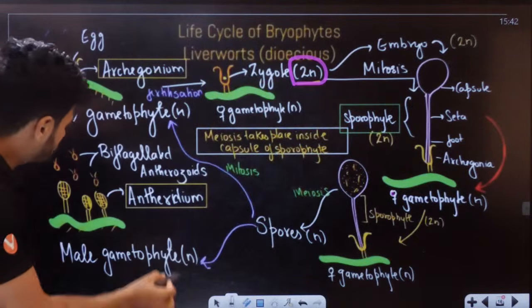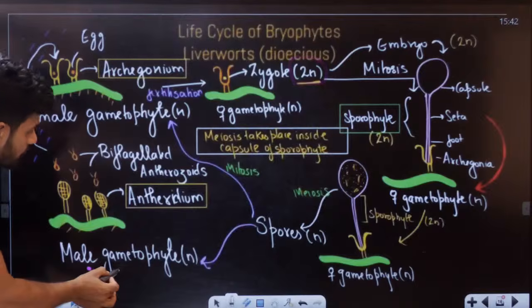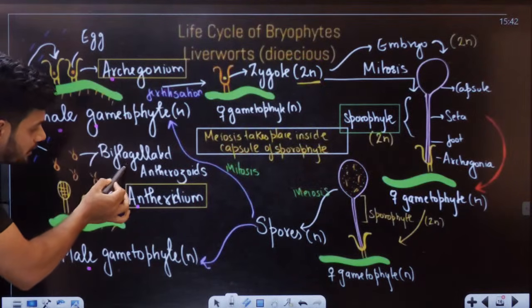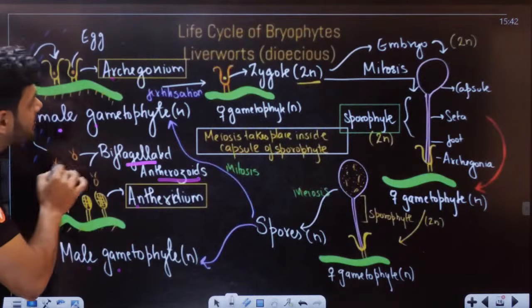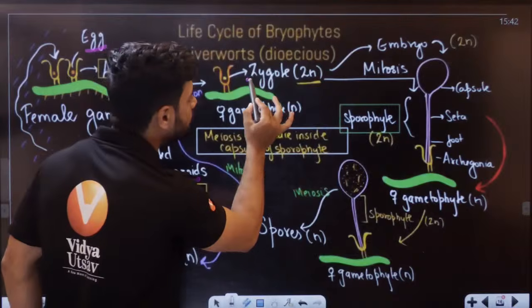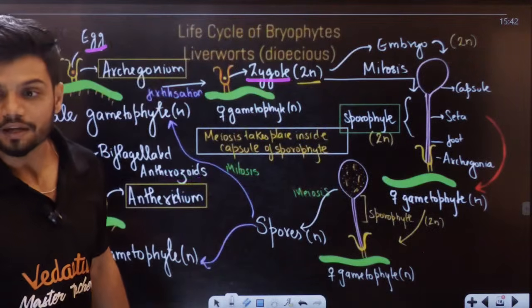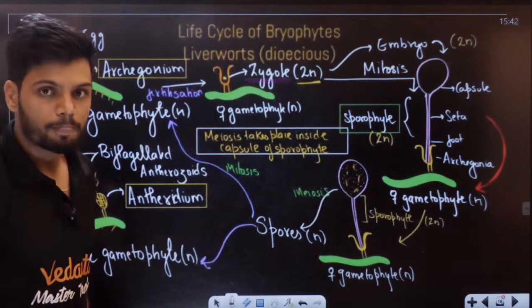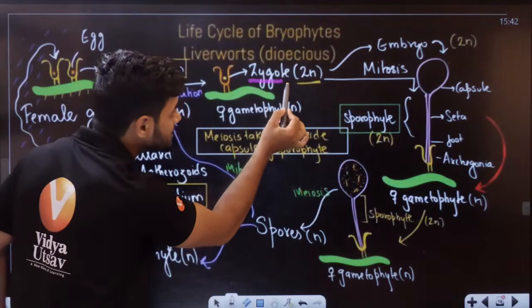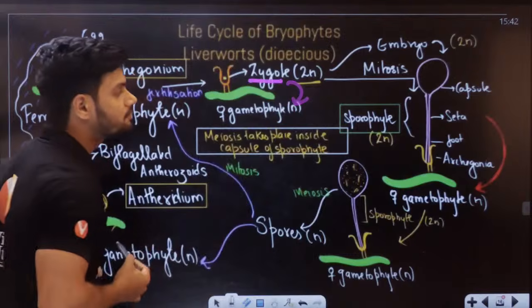है ना? So male gametophyte, female gametophyte, antheridia, archegonia, anthrozoids are the gametes here. Egg is the gamete here. Fertilization is happening and we got zygote. Now please remember, this zygote is growing on the gametophyte.